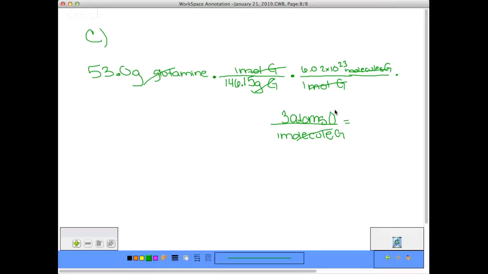And I'm going to multiply that by 3 and then divide it by 146.15. I see that I end up having, with 3 significant figures, 6.55 times 10 to the 23rd atoms of oxygen. And so that's my answer for C.